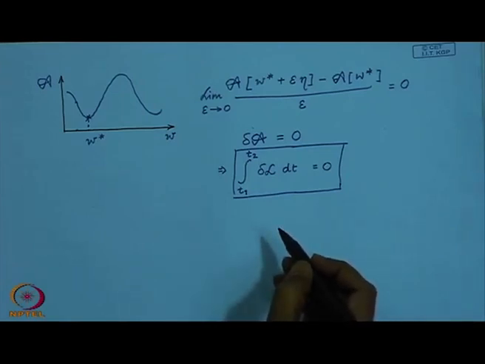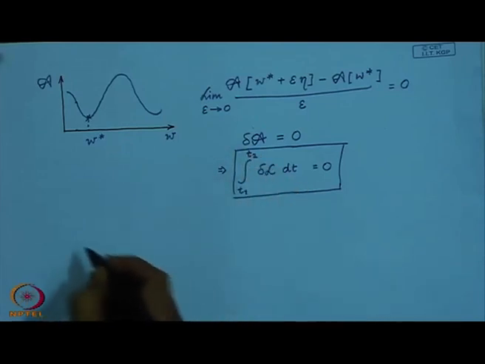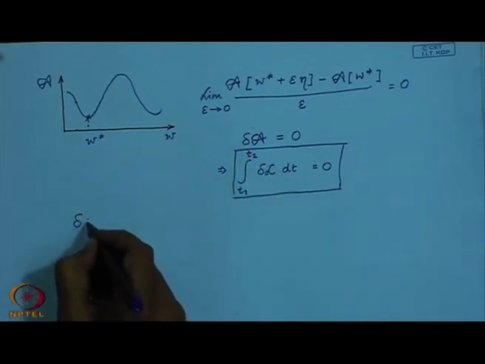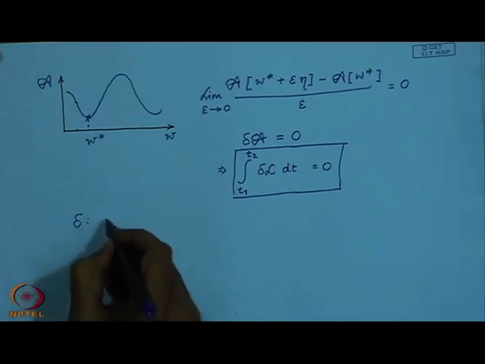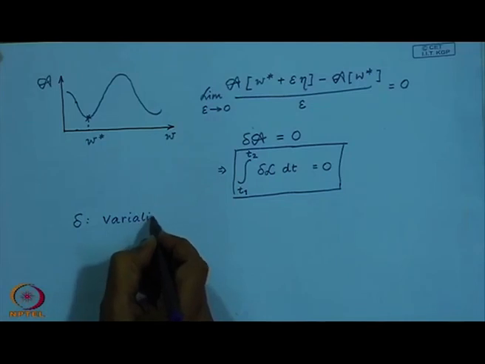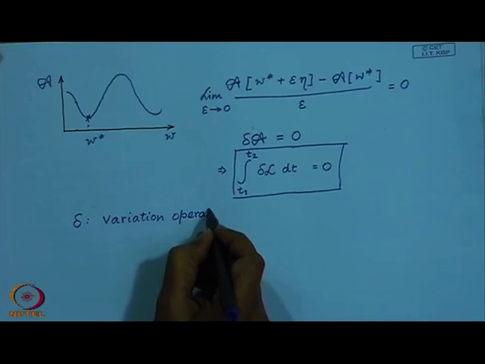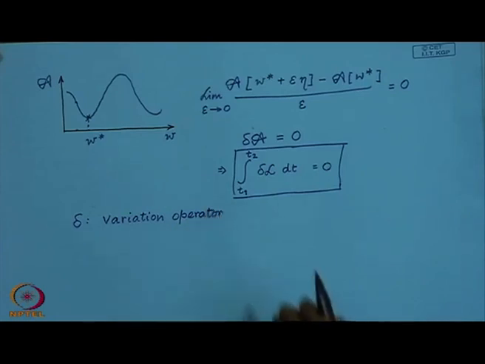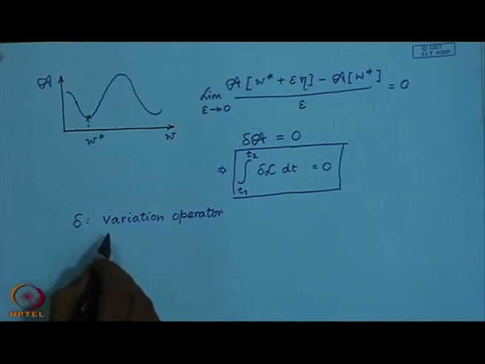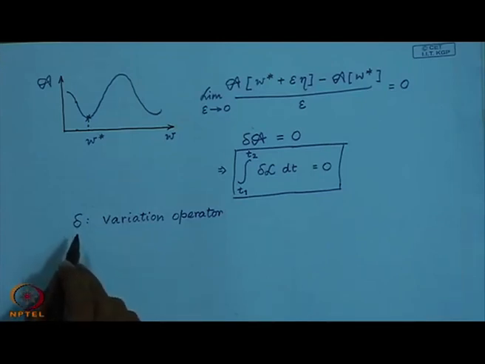Now, what is this delta? Delta is known as the variation operator. It is very similar to a total derivative operator, except that it does not differentiate time.